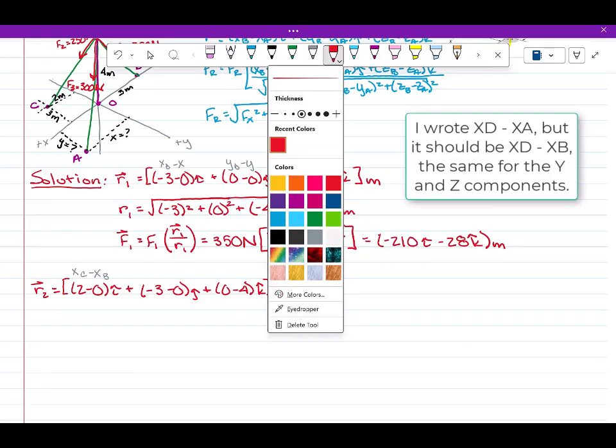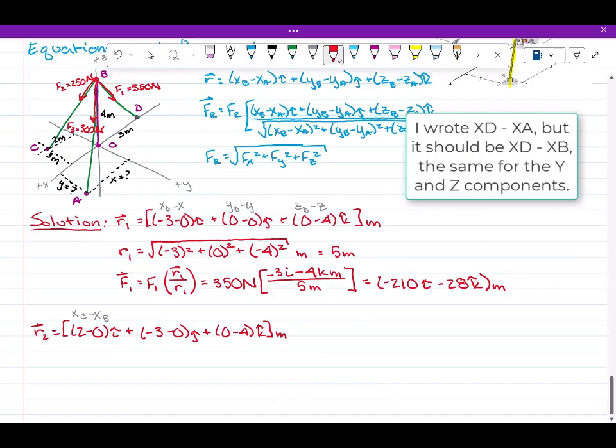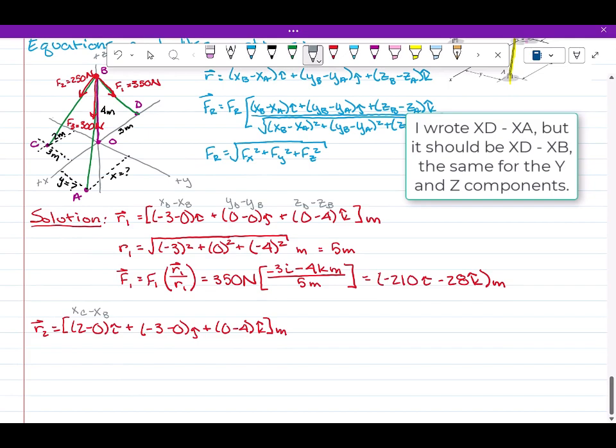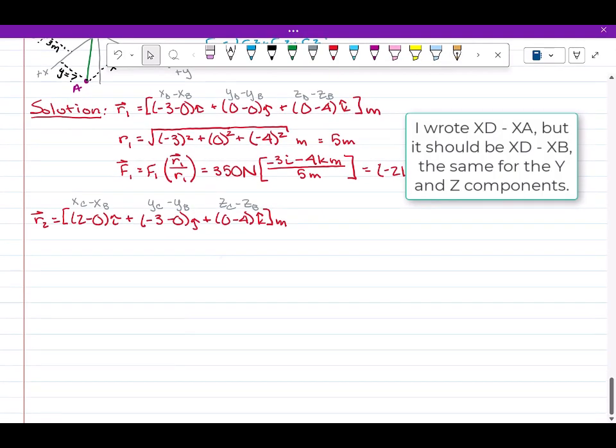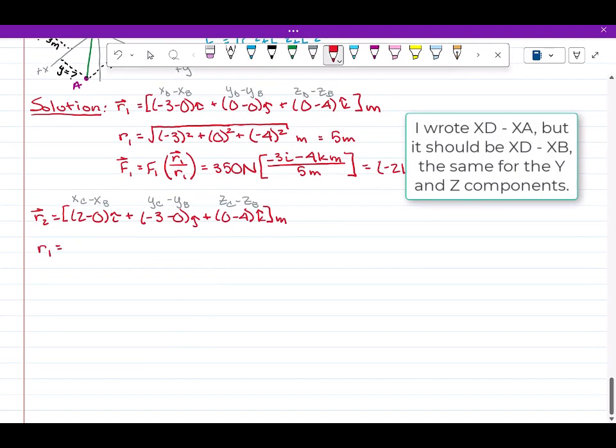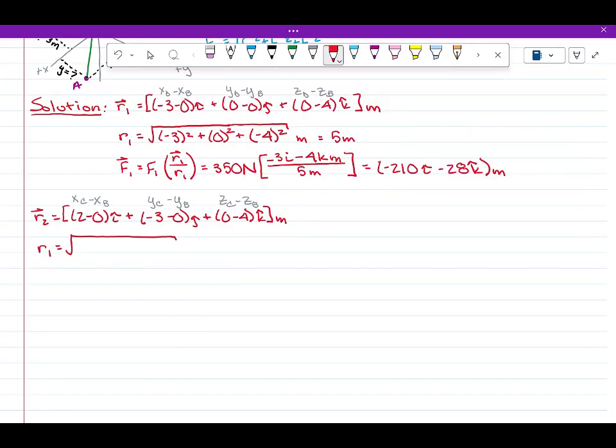And so that is equivalent to 2 minus 0 i, plus negative 3 minus 0 j, plus 0 minus 4 k. Similarly, we want the magnitude of the position vector, and that is the square root of xc minus xb squared plus yc minus yb squared plus zc minus zb squared.